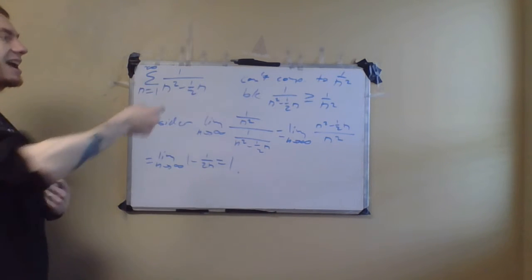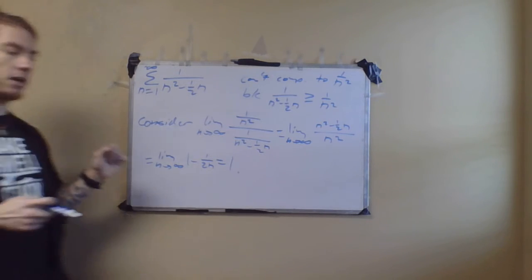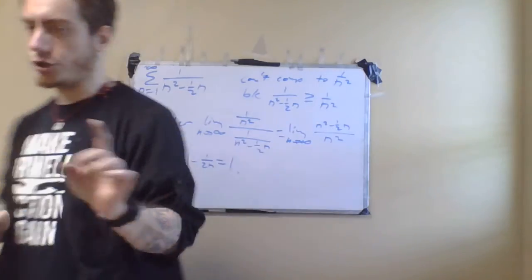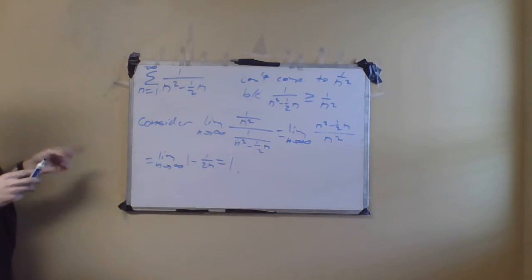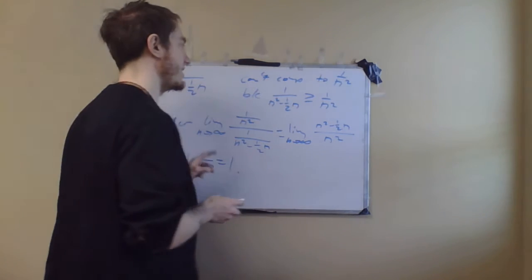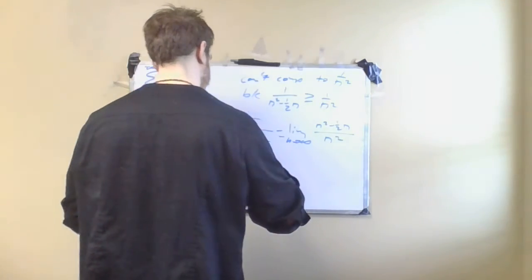Also, we can say that, yeah, these are all positive numbers here. So this test does apply. I should have mentioned that at the start. We should really be quite careful to make sure that all of the different things apply. But yeah, they do apply in this case. And therefore, we can say they either both converge or both diverge.